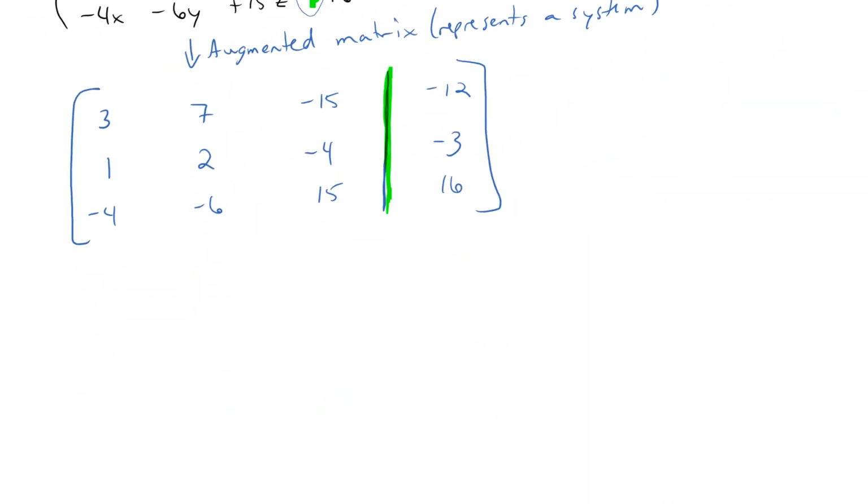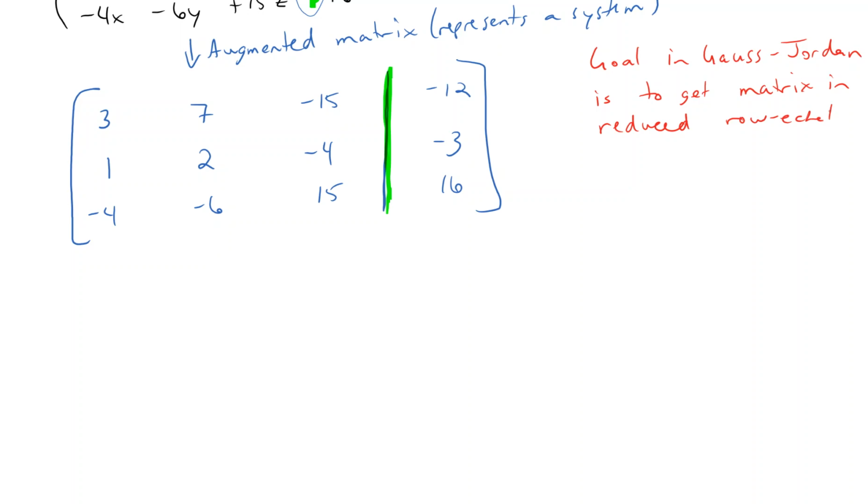Well, our goal in Gauss-Jordan elimination, there's also Gaussian elimination. I'm opting for Gauss-Jordan elimination to fully take advantage of the matrix technique here, okay, is to get the augmented matrix in reduced row echelon form, okay?